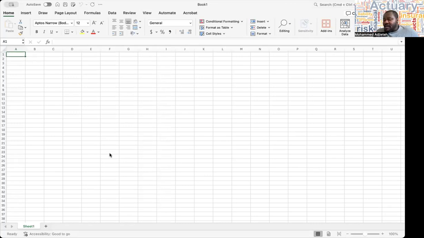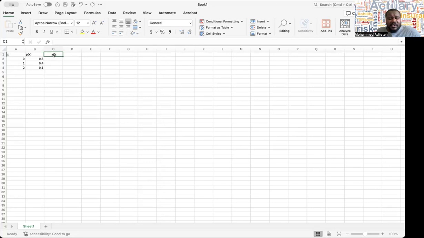So this is my Excel. I want to put everything here. This is X, this is P of X. I just put in 0, 1, 2, and then 0.5, 0.4, 0.1. Remember, to be able to get a standard deviation, I need the expectation first.